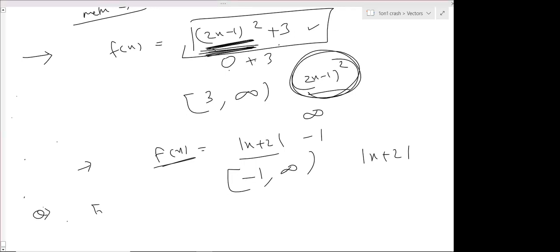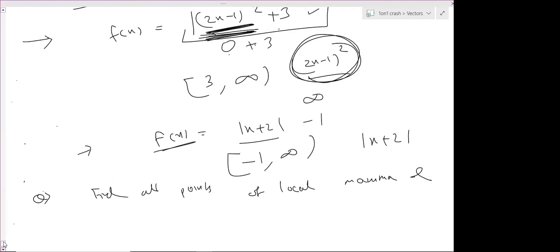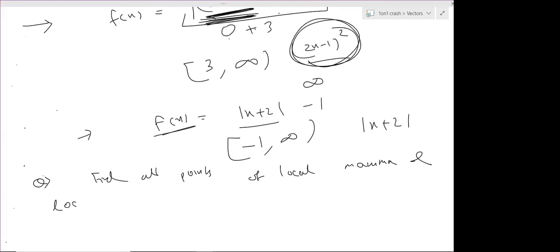All right, write down. Find all points of local maxima and local minima of f of x equals x cube minus 3x plus 3.